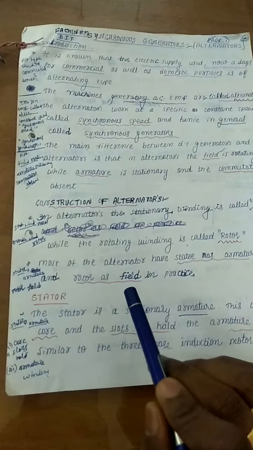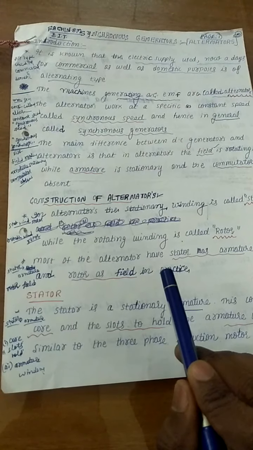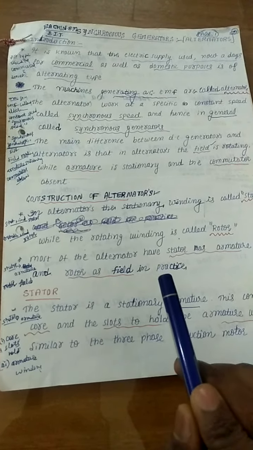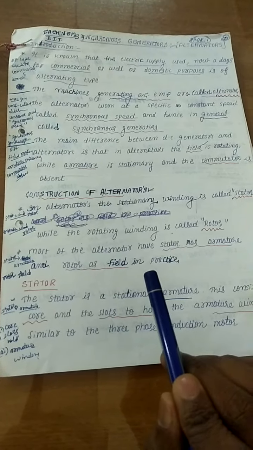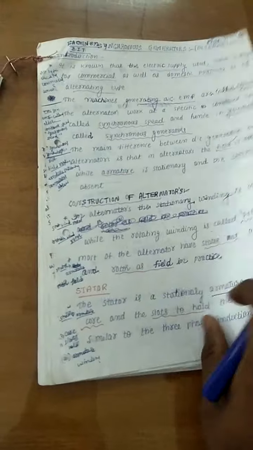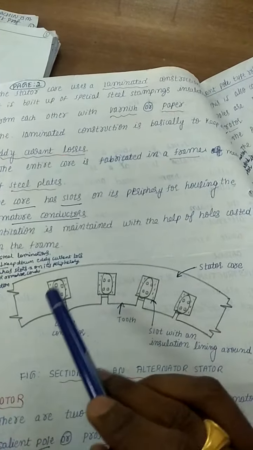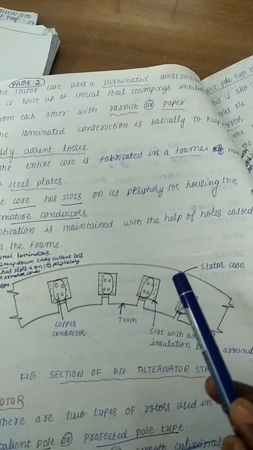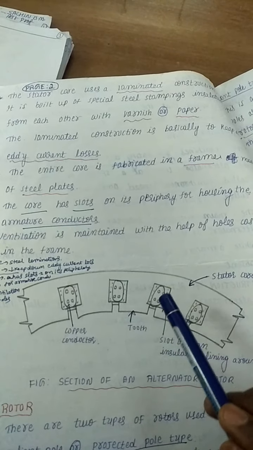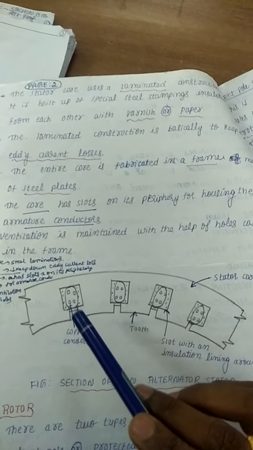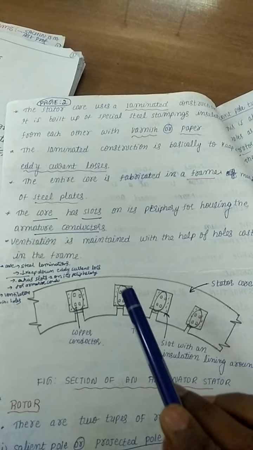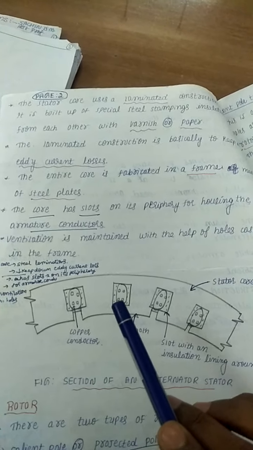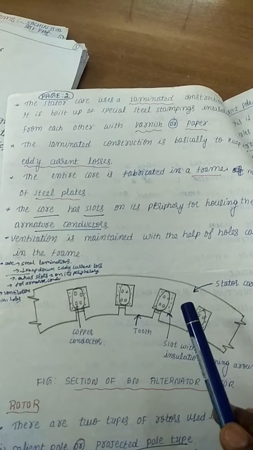As I told you, the stator is a stationary armature. Stator consists of armature conductors. They are stationary. They will not rotate. The stator mainly consists of slots. In the slots you have armature conductors, which are made of copper, and this stator core is made of steel laminations, which keep down the eddy current losses.